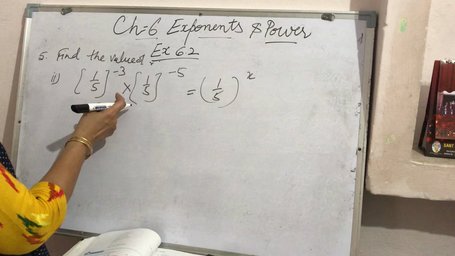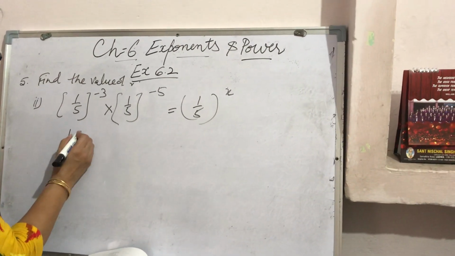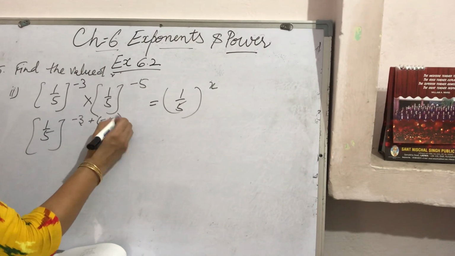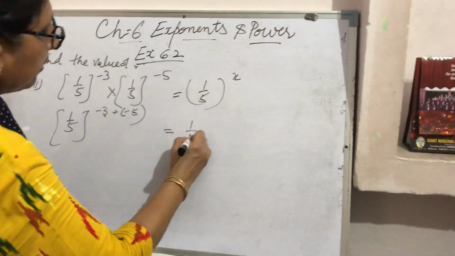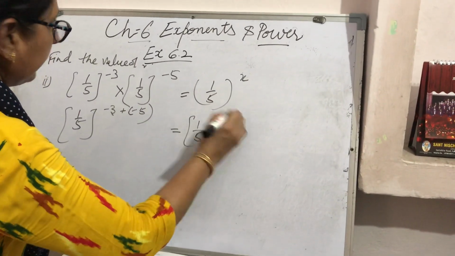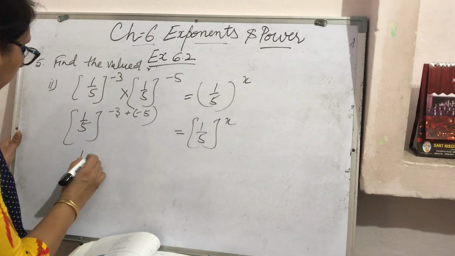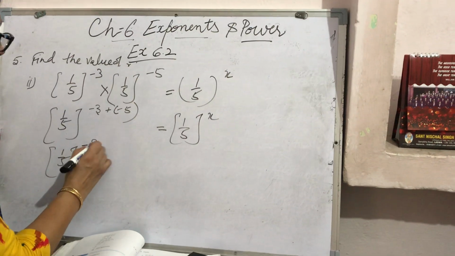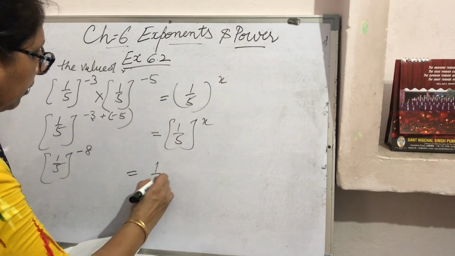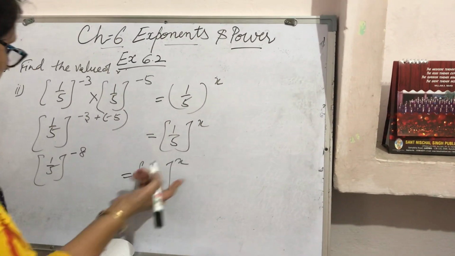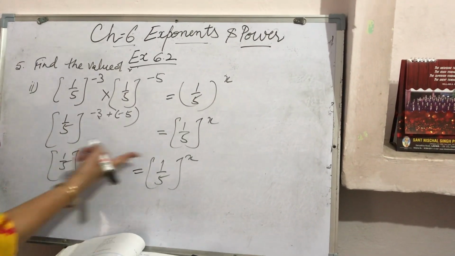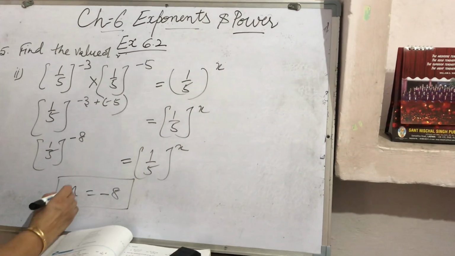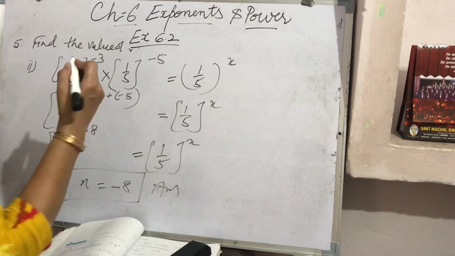Again same bases are there, multiplication is there. We can add these powers. Minus 3 plus minus 5 equal to 1 by 5 raised to power x. 1 by 5 raised to power minus 3 minus 5, minus 8, equals 1 by 5 raised to power x. Now same bases are there, powers will be equal, so x is equal to minus 8. Directly we can find. This is the answer.